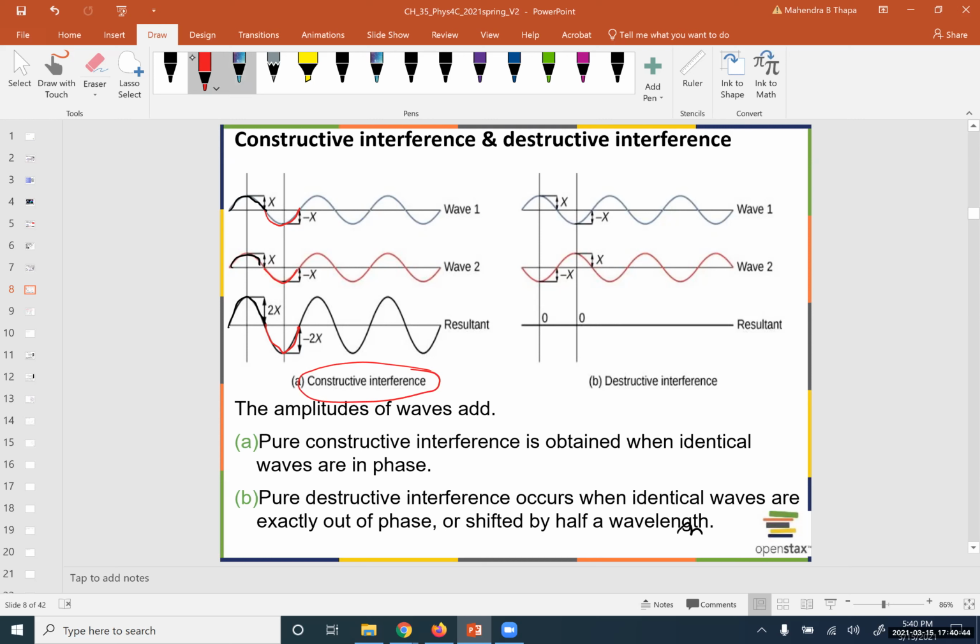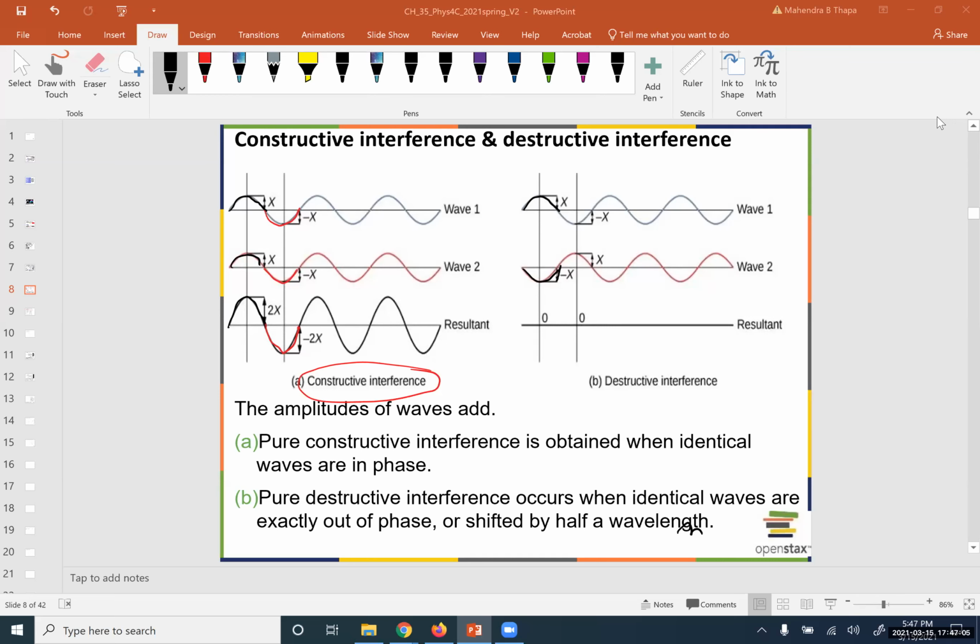In this picture, you see just the opposite. If one wave has a crest, the other wave has a trough. So the effect of the crest of the first wave is balanced by the effect of the trough, so the net intensity will be 0.